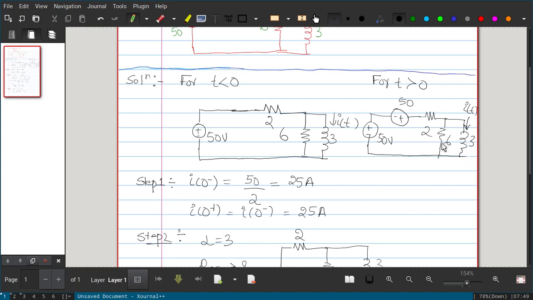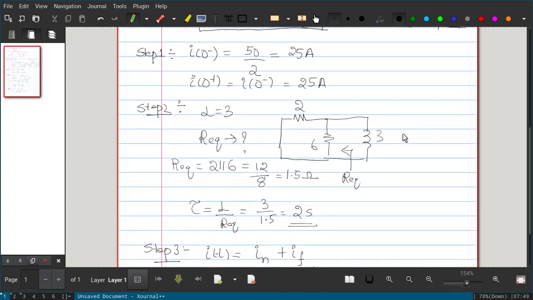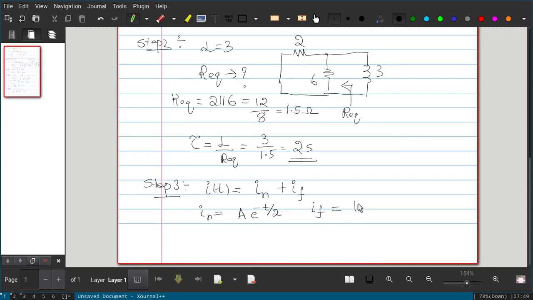So this 6 ohm will not come into picture, because this short circuit is in parallel with 6 ohm, that is nothing but a short circuit. So you have 100 volt and 2 ohm resistor, and you have a short circuited inductor. So what is the current flowing through this? That will be 100 divided by 2. If is total voltage 100, 2 ohm resistor, so that is nothing but 50 ampere.